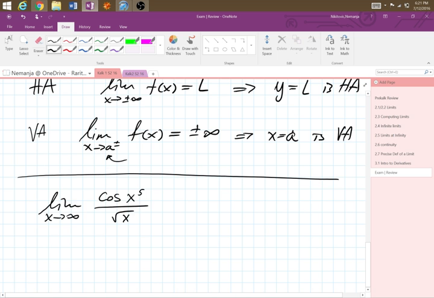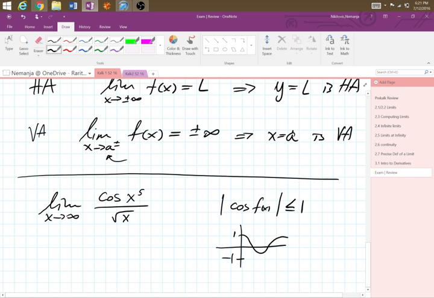But let's see. The trick for any of these limits that involve cosines and sines, and later on for Calc 2 purposes and so on, is to realize that cosine of whatever is bounded by 1. So as soon as I divide it by x or something, the whole thing is going to go to 0 because cosine and sine are always between 1 and -1, hence the absolute values there.